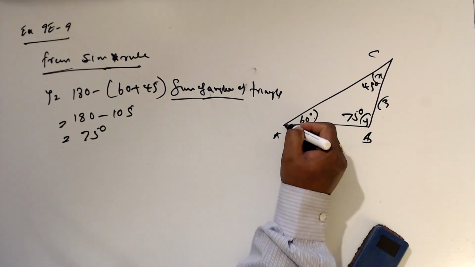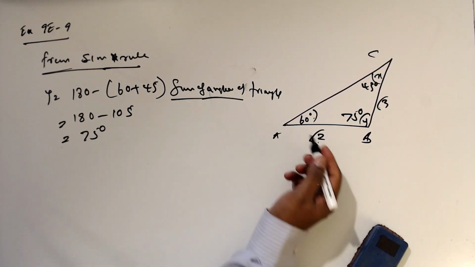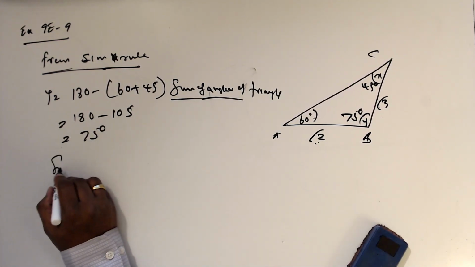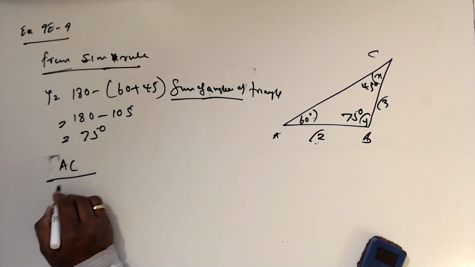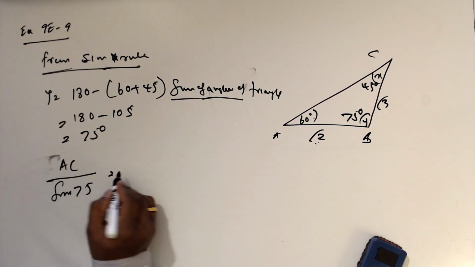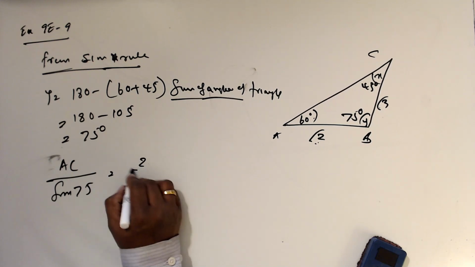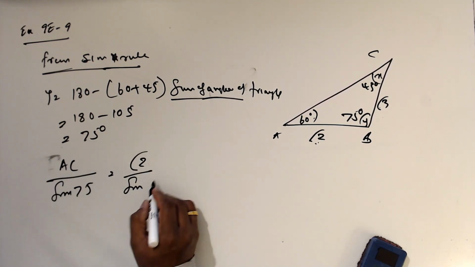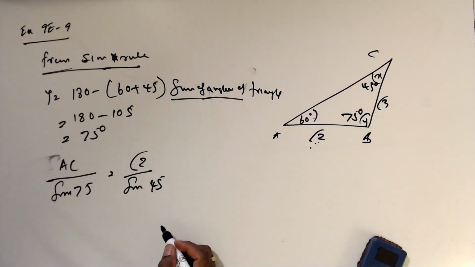And now again from the sine rule, I can find AC. AC over sine 75 equals square root 2 over sine 45.